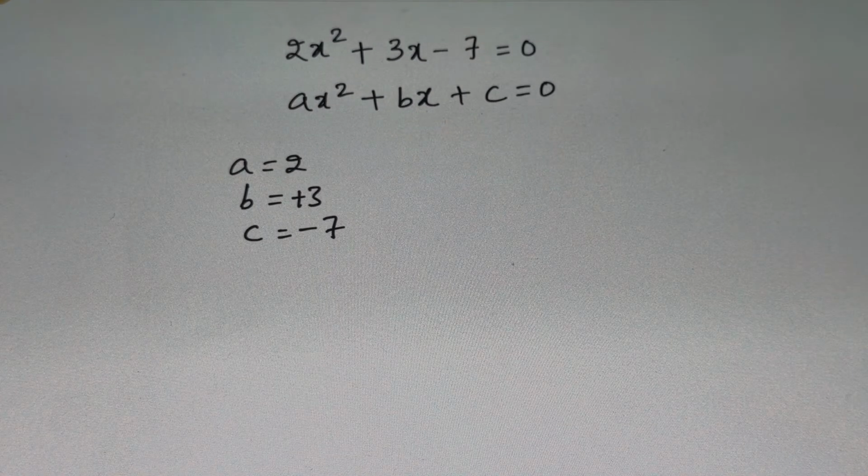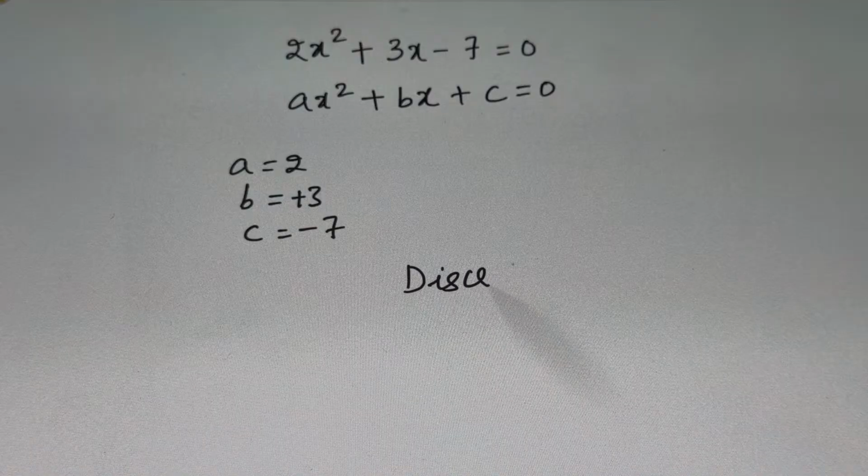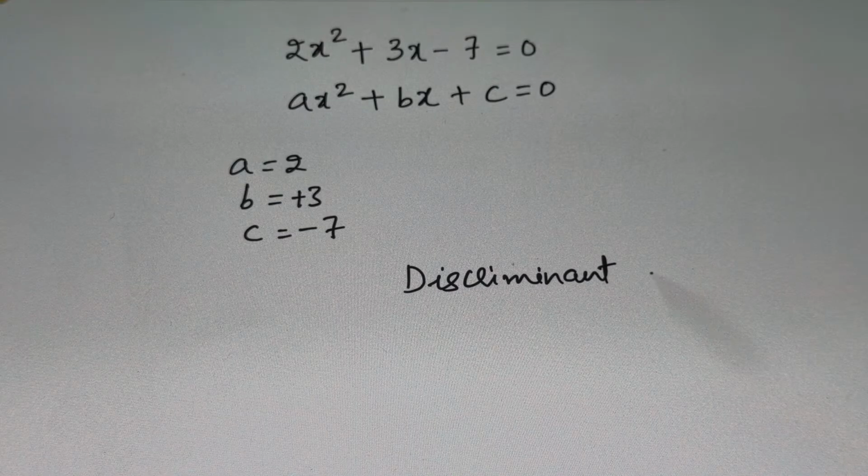Now we have to write the discriminant equation. So the discriminant equation is given by delta equals b square minus 4ac.